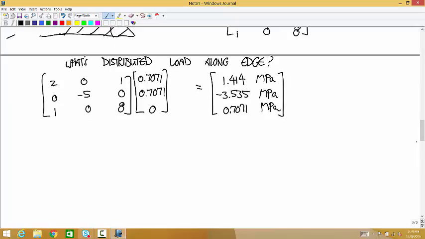Okay, so that's one application of this. A more likely use for this, because it tends to be easier to measure external loads than to measure stresses, is to be given a traction on a face and use that to come up with limitations on the stress of the points at that face.